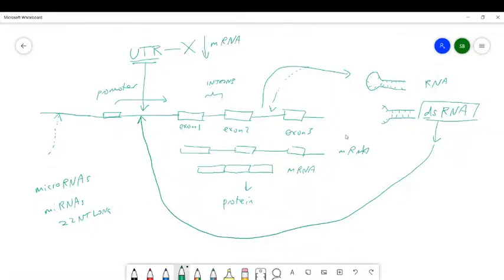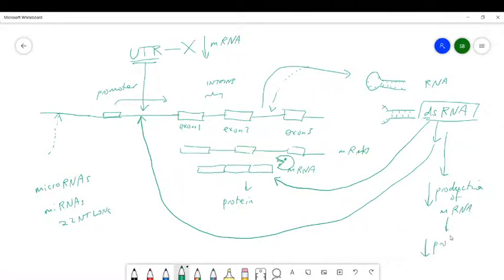It can also bind to the messenger RNA and label it for degradation. So in short, what it does is it reduces the production of the messenger RNA and therefore reduces the protein.